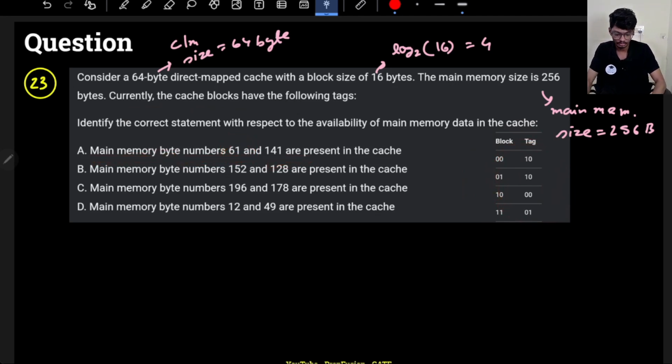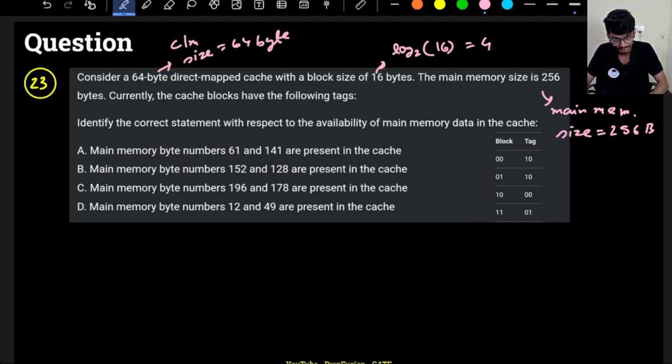I have to basically take the mod, right? How many blocks do I have in the cache memory? 4 blocks, because each block contains 16 bytes and the overall cache memory has 64 bytes. 64 divided by 16 is 4. So I have to check which one is correct and which one is false.